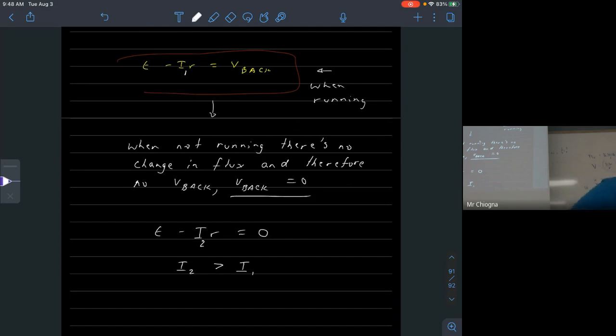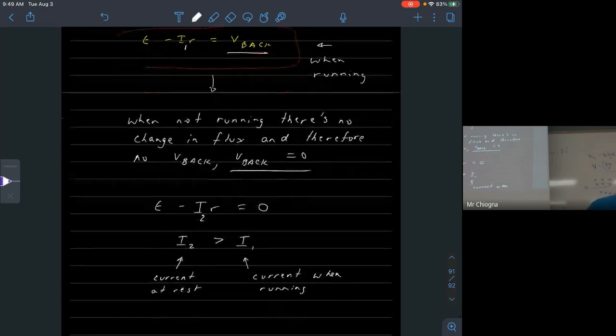Because this back EMF, this voltage that's created, results in a current in the opposite direction to subtract from it. This is the current at rest, and this is the current when running. We're almost done here. Let me take a break.